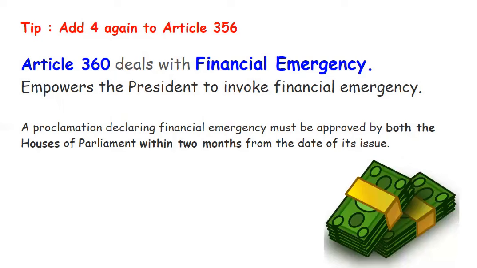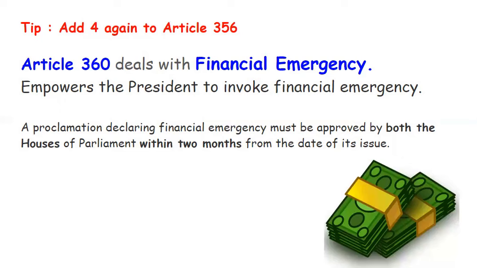A proclamation declaring financial emergency must be approved by both the houses of parliament within 2 months from the date of its issue. Both the houses of parliament are Lok Sabha and Rajya Sabha. A proclamation of financial emergency may be revoked by the president at any time by a subsequent proclamation, and this proclamation does not require the approval of parliament.